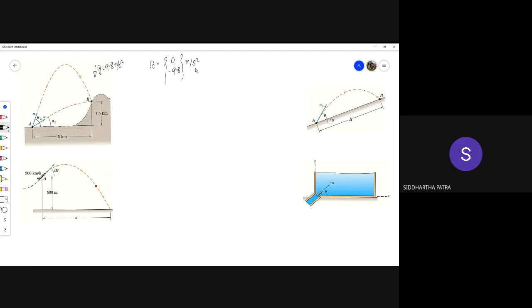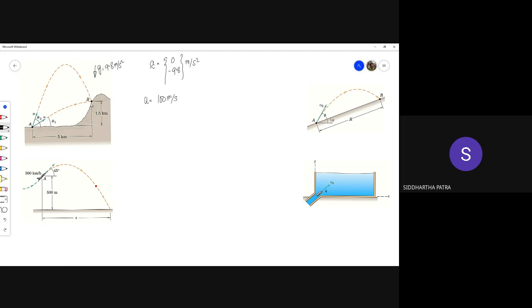So in this case, let's say u is 100 meters per second, and you have this distance. You are firing, let's say, a cannon from A, and that cannonball must reach point B. Now, can you determine at which angle must the cannonball be released in order to reach point B over there?